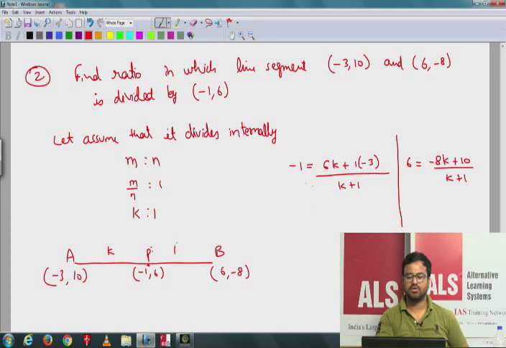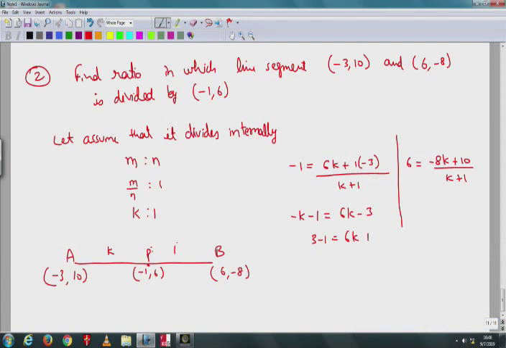So let us do the cross multiplication. It is minus 1 multiplied by this, that will become minus k minus 1, and this is 6k minus 3. I can take this 3 on the left hand side, so this will become 3 minus 1 is equal to 6k plus k. So 3 minus 1 is 2, which is equal to 7k, and k is equal to 2 by 7.